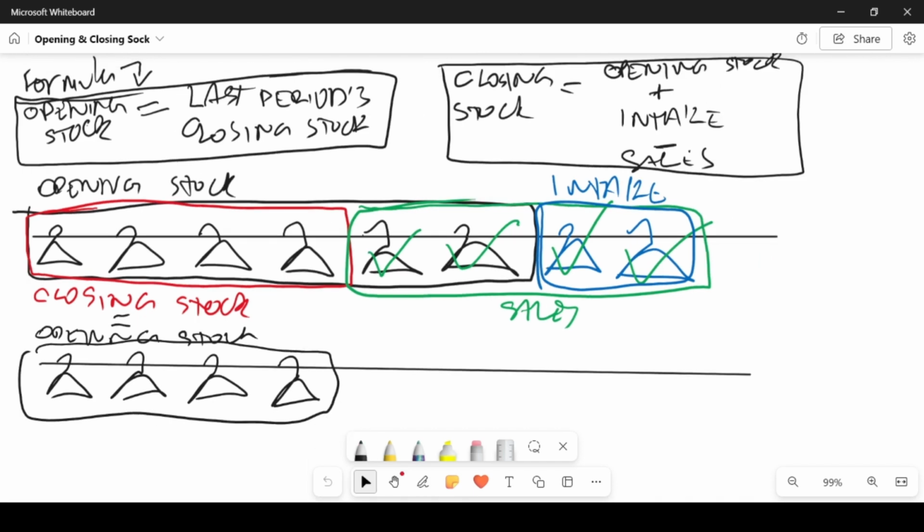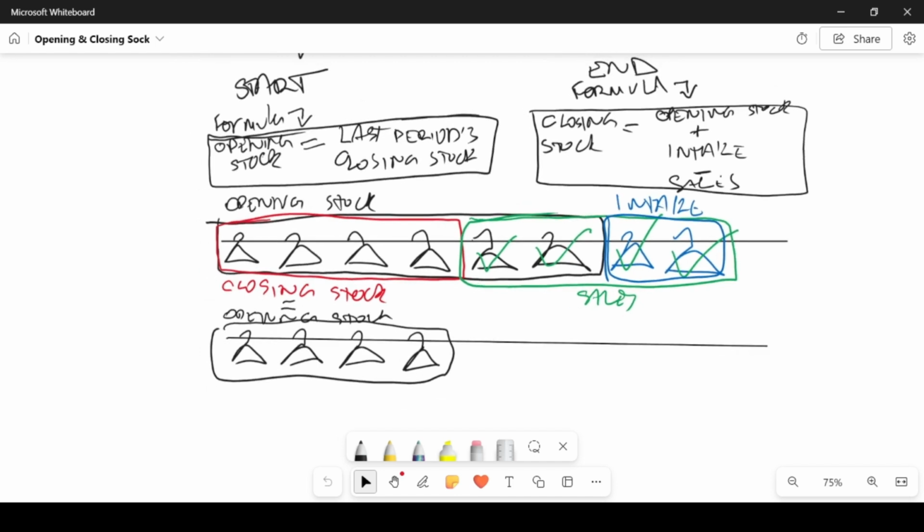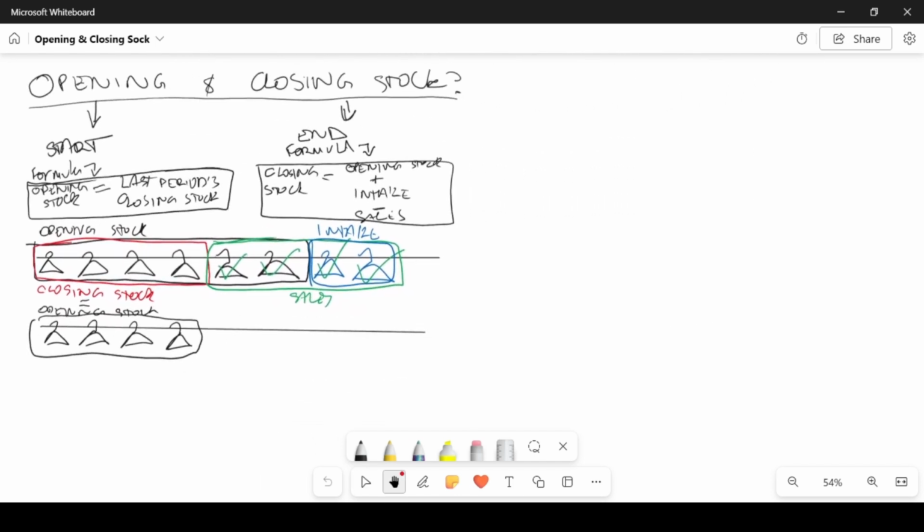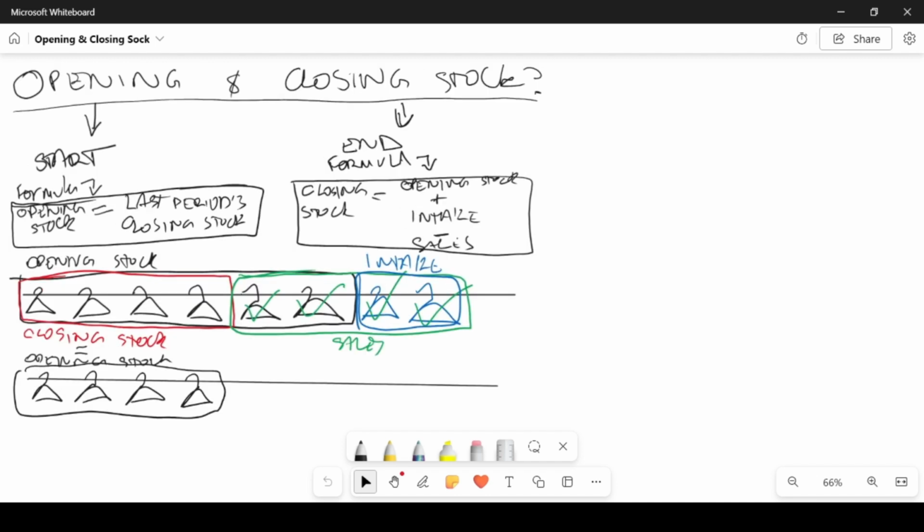Okay, so I really hope that this has been helpful and illustrated for you opening and closing stock. So what I'm going to do is run through some of the major questions that you may have surrounding opening and closing stock.